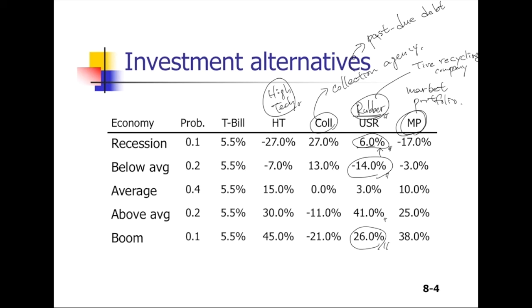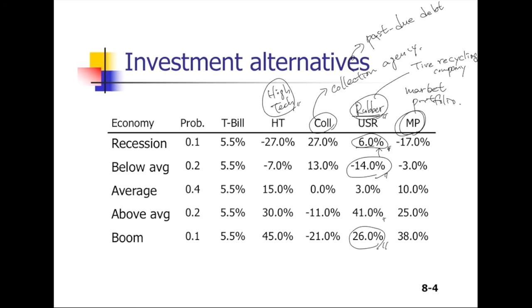So in this case, USR, US Tire Recycling Company, has very little tire to recycle, so they get a little expected rate of return. Then the market is above the average.